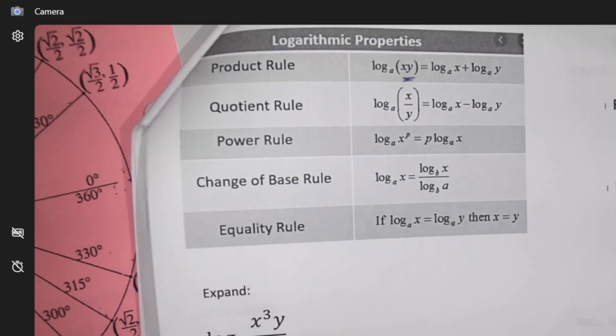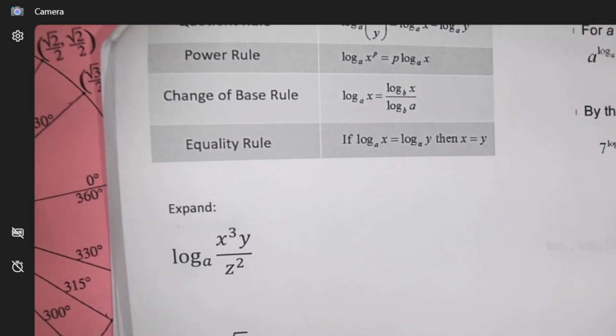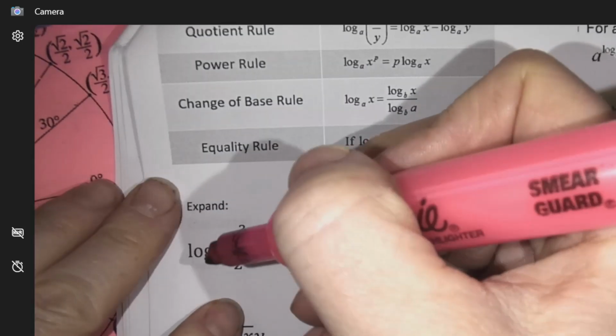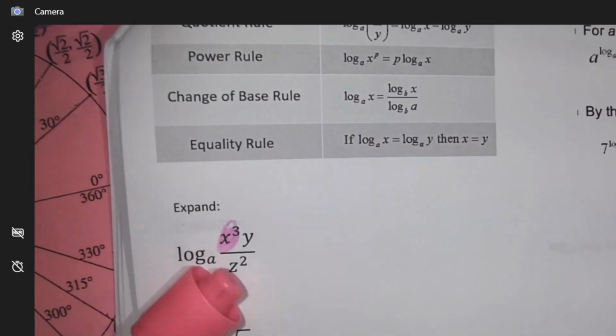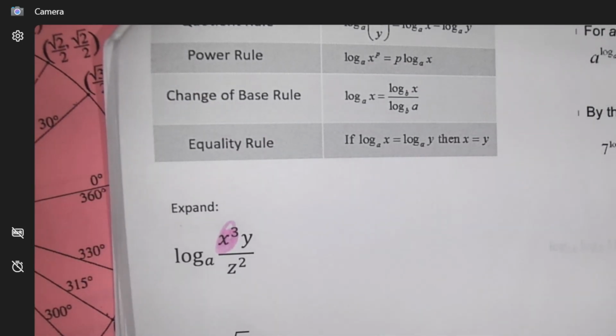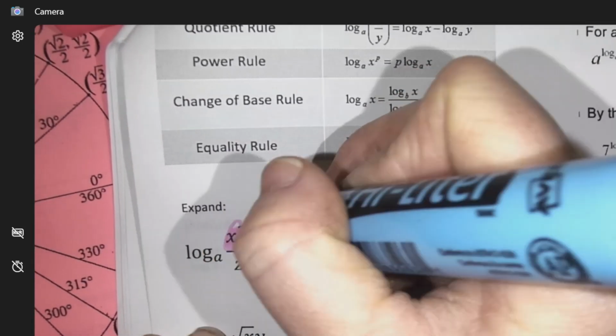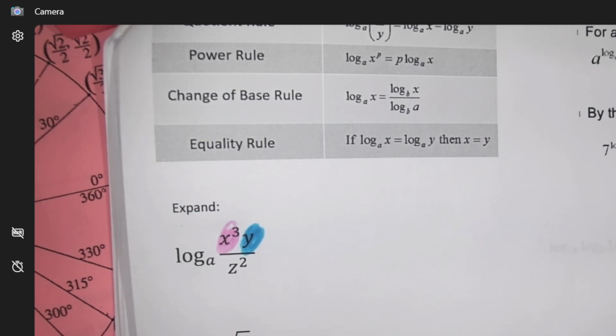Okay, here we go. We are going to separate this, and when we separate it, it's going to become three different things. So there's going to be 1, 2, and 3.